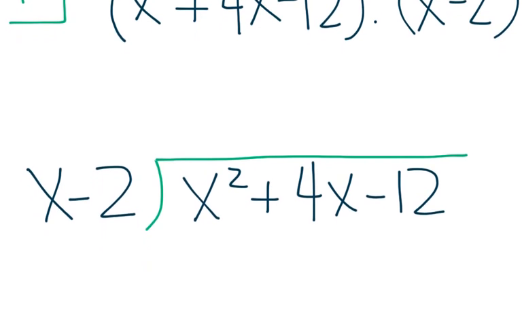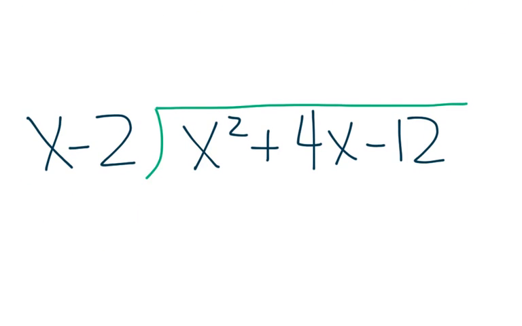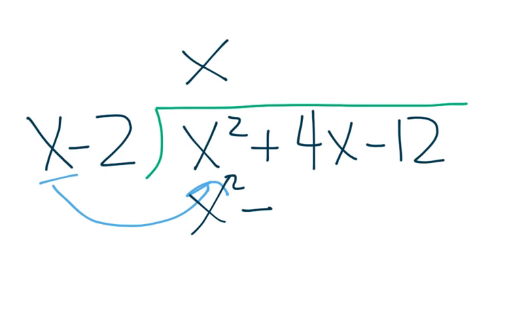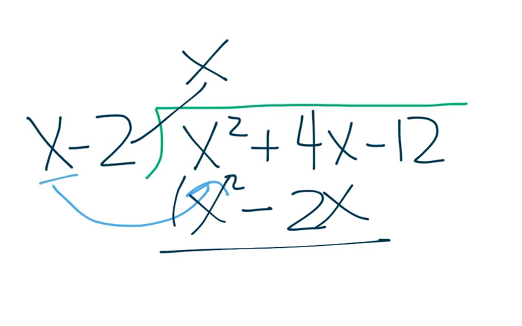So now we have x squared plus 4x minus 12 divided by x minus 2. So we're going to look at this x and see how many times it can go into x squared, which it can go in x times. Now we're going to multiply x times x, which is x squared, minus x times 2, which is 2x, and we're going to subtract. So x squared minus x squared is 0, and 4x minus negative 2x, so really we're adding, is 6x.